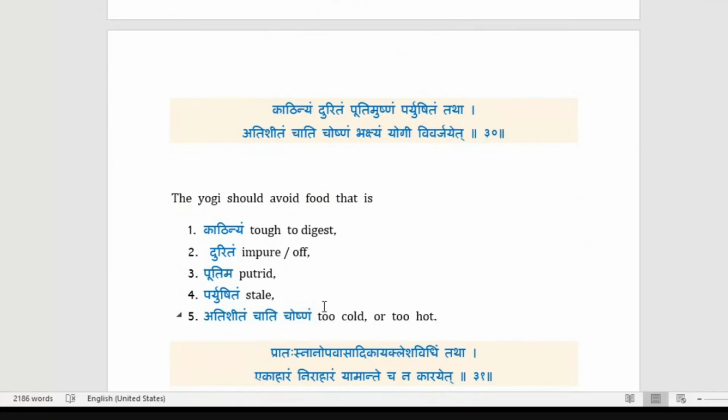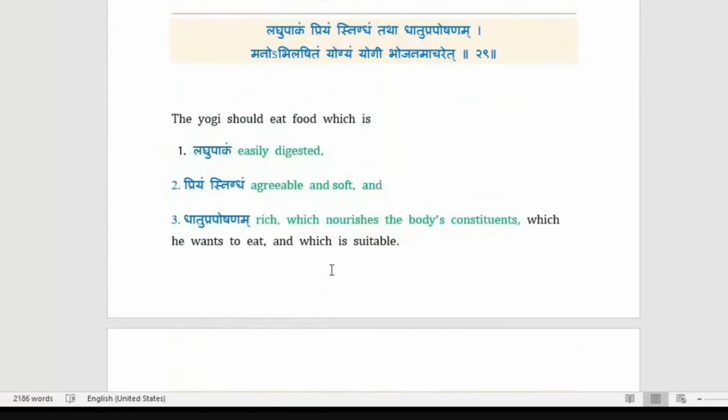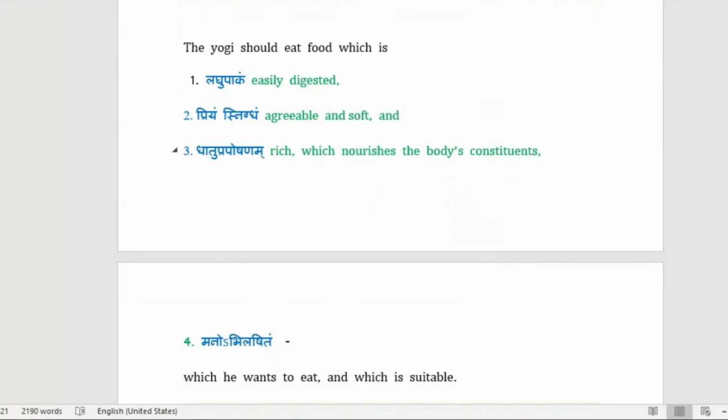Ati ushna, ati shita, bad. Okay, so understood this? Yes, ma'am. Manobhilashitam is also here. Agreeable, or we can say good for our body, or we can say desirable.